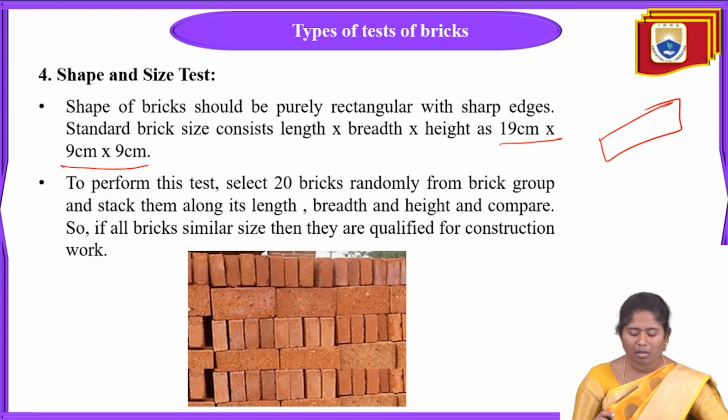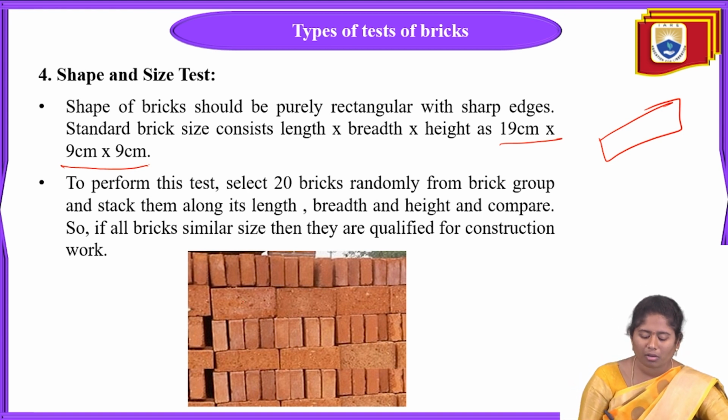You can see in this picture, they took 20 bricks and arranged them according to their length, breadth, and height. After arranging them, we compare the bricks to see whether the shape and size are correct and whether they are qualified for the construction purpose.